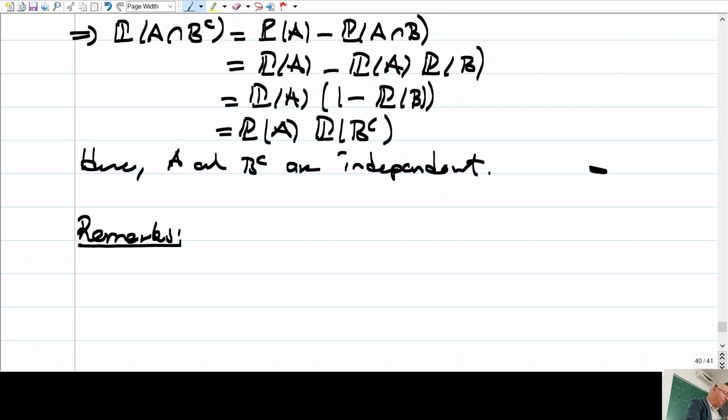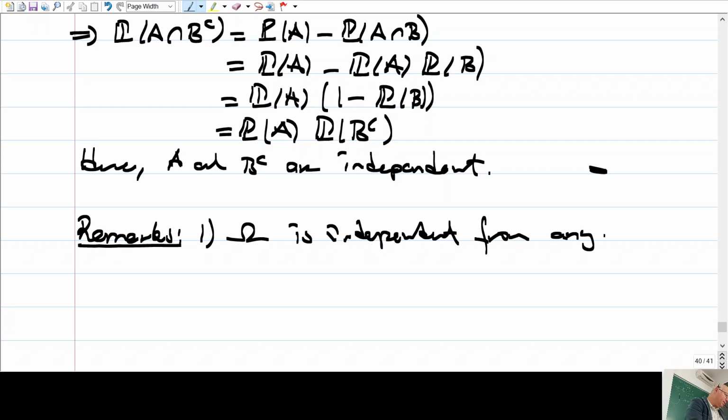Some remarks about this concept. Omega is independent from any event. So the whole space, sample space, is independent from everything. Why is that?